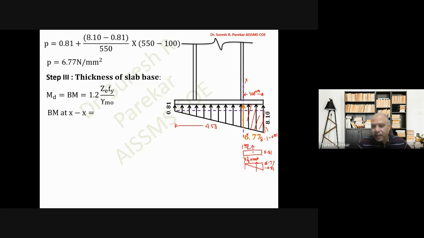So this will be my UDL, and this will be triangular load, and then you can see this 6.77 into 100 into 100 by 2.